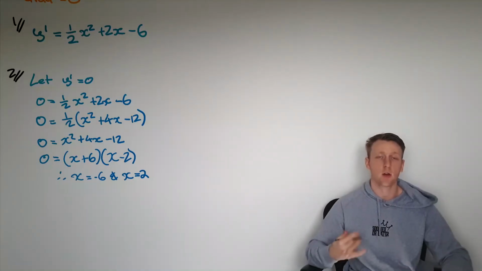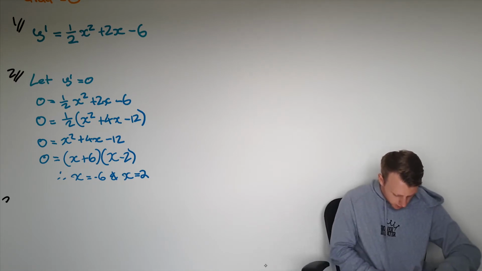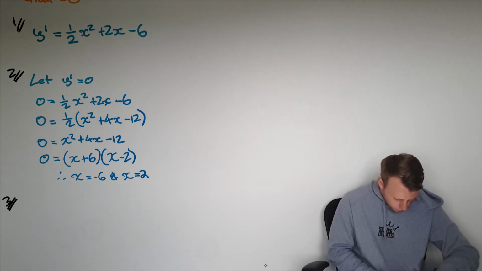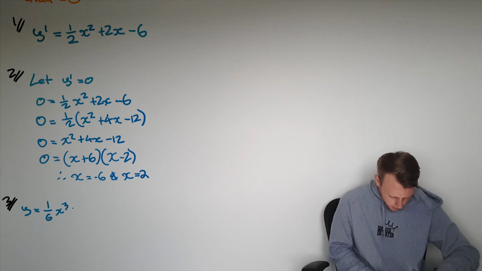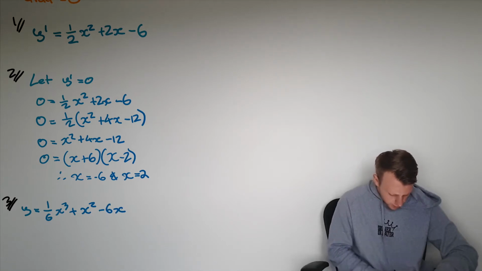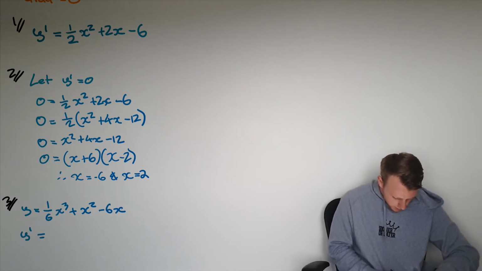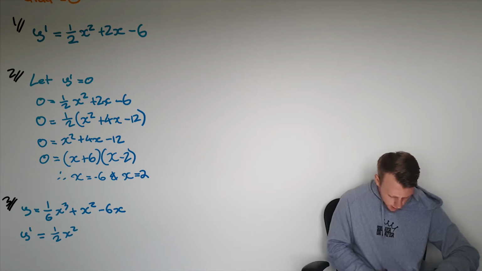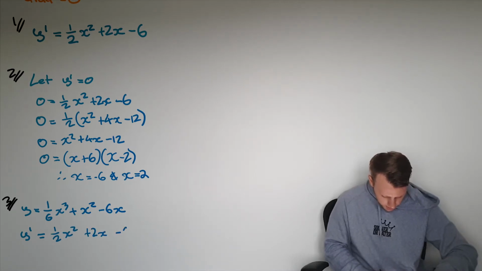Now I need to identify the coordinates of these stationary points. Just as a reminder, we've got our function 1/6 x cubed plus x squared minus 6x, and we've got our derivative function, which is a half x squared plus 2x minus 6.